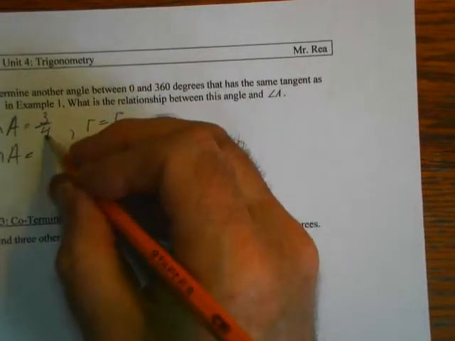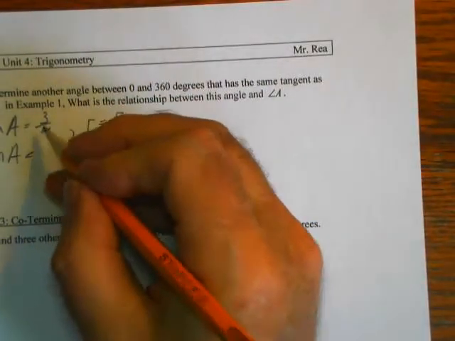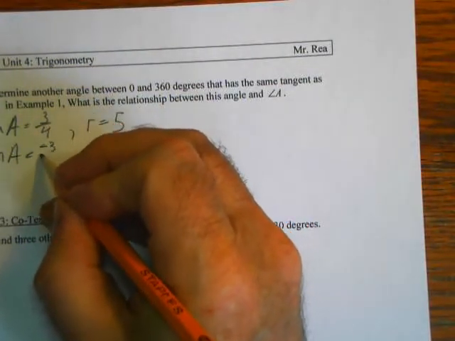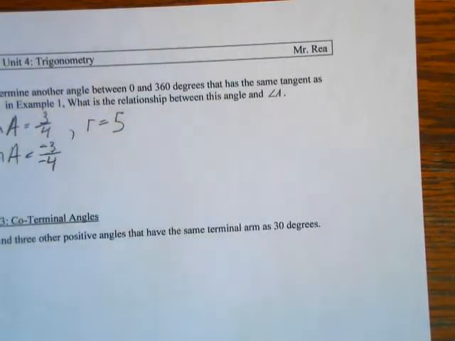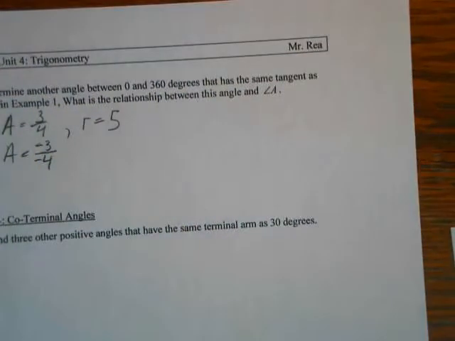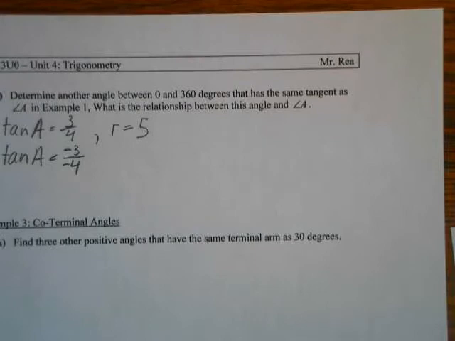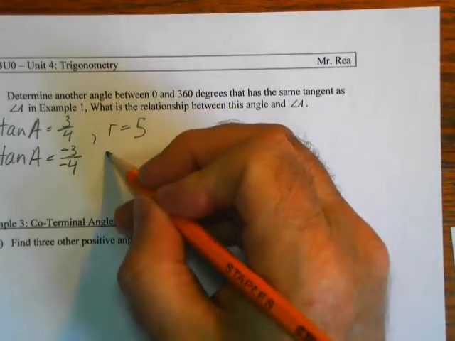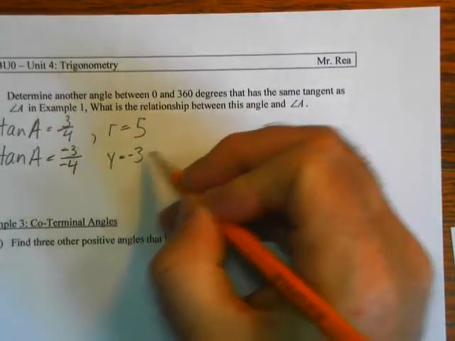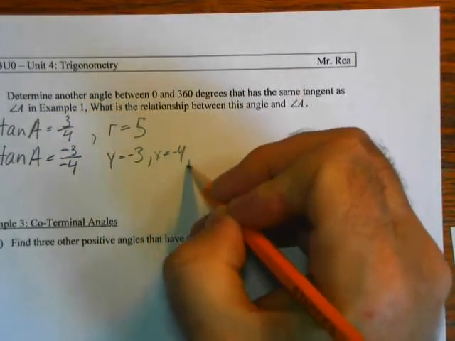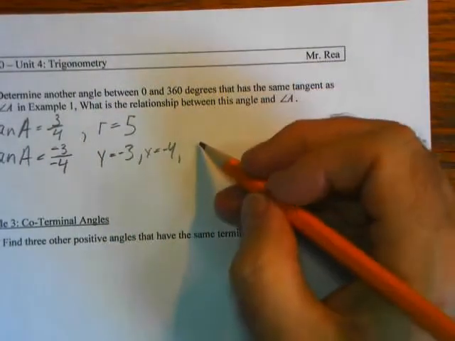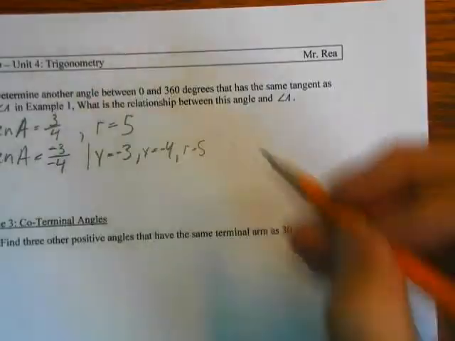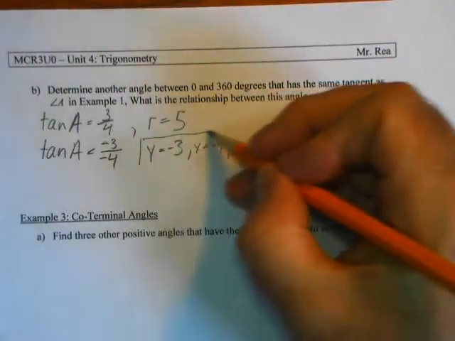So the other case that works will be if x and y are both negative. If y was negative 3 and x was negative 4, that would also give us the same tan ratio of 3/4. So let's write out the values we have there. This tells us that y is negative 3, x is negative 4, and old trusty r is still positive 5. It never changes. So let's put a box around here.